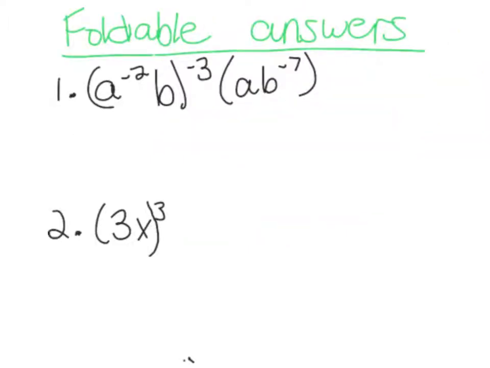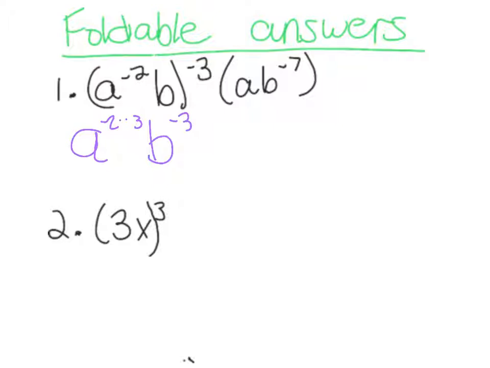For the first one, simplify it and then move things around. So what I'm going to do first is power to a power, means you multiply. Again, remember the parentheses always means multiply. So this is really a -2 times -3, b to the -3.